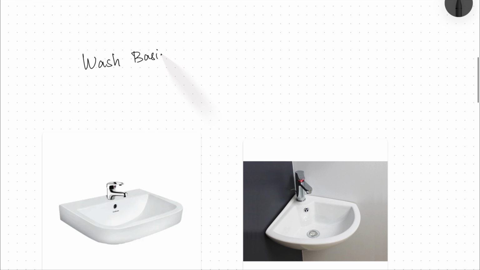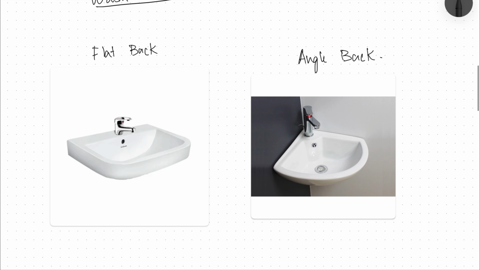So there are two types. One is flat back and the other is angle back. And yes, as you can see, flat back is placed against the wall, and this is placed in a corner.